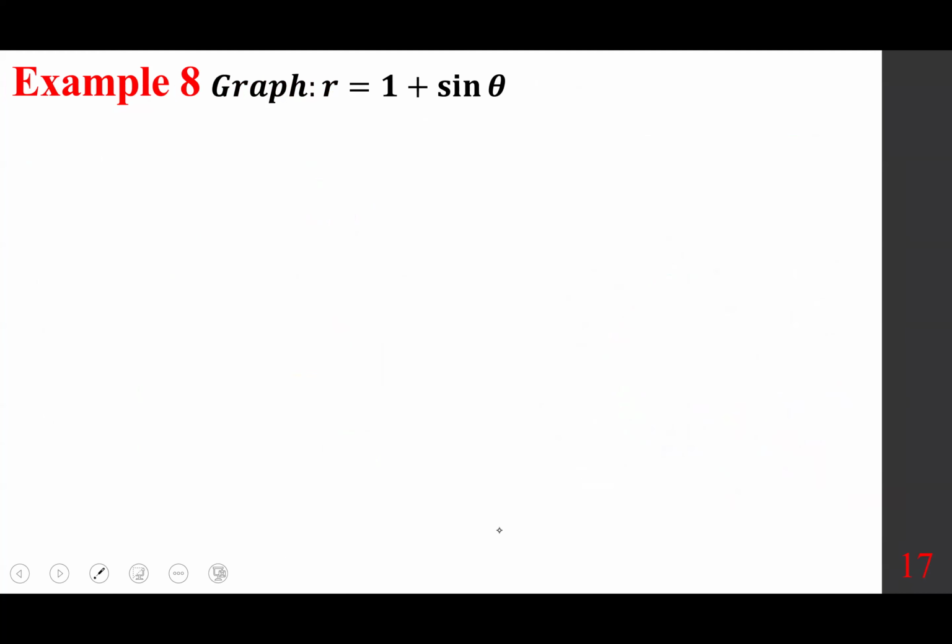All right, we want to graph r equals 1 plus sine theta. I want to approach this differently because I want you to be exposed to various approaches of graphing. So r equals 1 plus sine theta in Cartesian coordinates. What is that? You know how to graph y equals sine theta and move it up by 1.